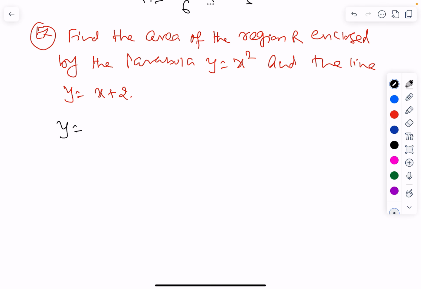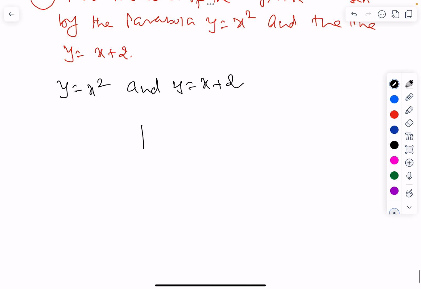So now here the parabola y equal to x square and y equal to x plus 2.